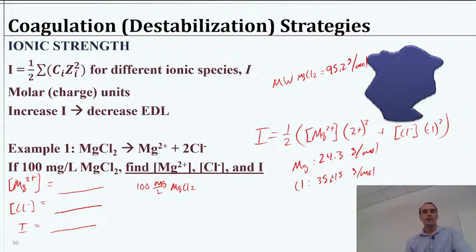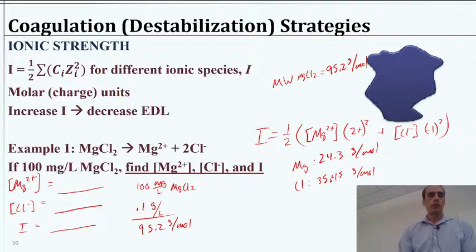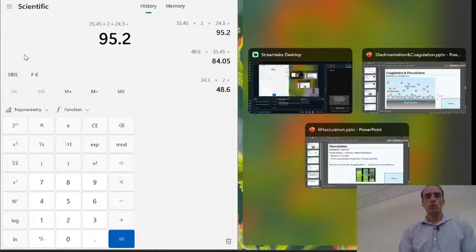So we could do the conversion probably in our head to say, well, that's 0.1 grams per liter. And then divide that by the 95.2 grams per mole. That's going to let the grams cancel and the moles will come on top.